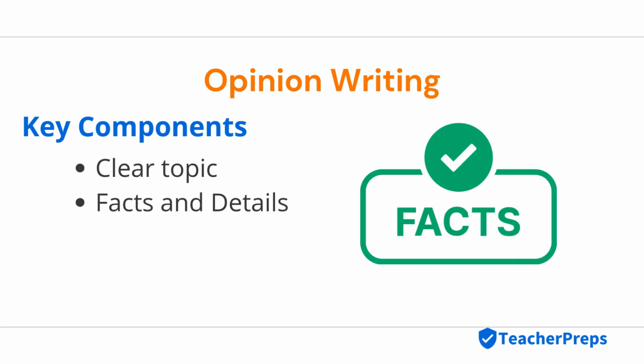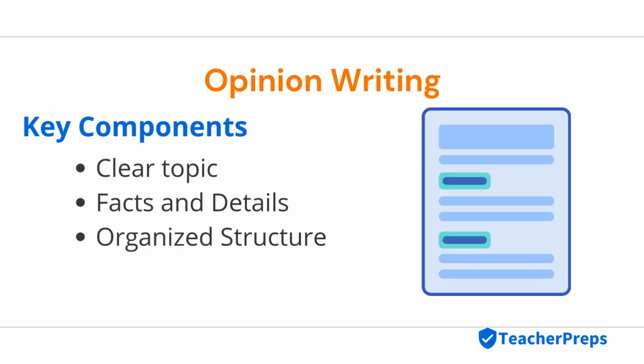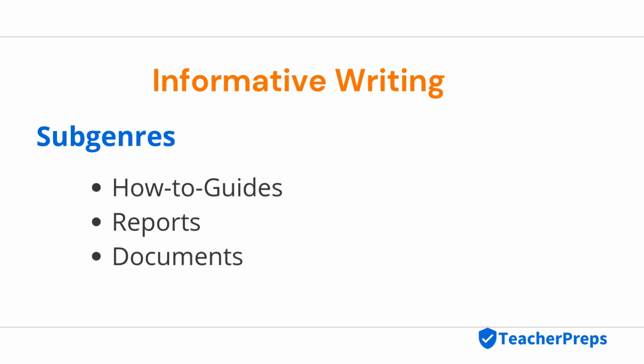We also have the facts and details that provide accurate and relevant information to explain or inform. Lastly, take note that information is logically organized, often with headers and subheadings. Remember, we teach these text structures to our students. Informative writing has subgenres, which include how-to guides, reports, and documents.